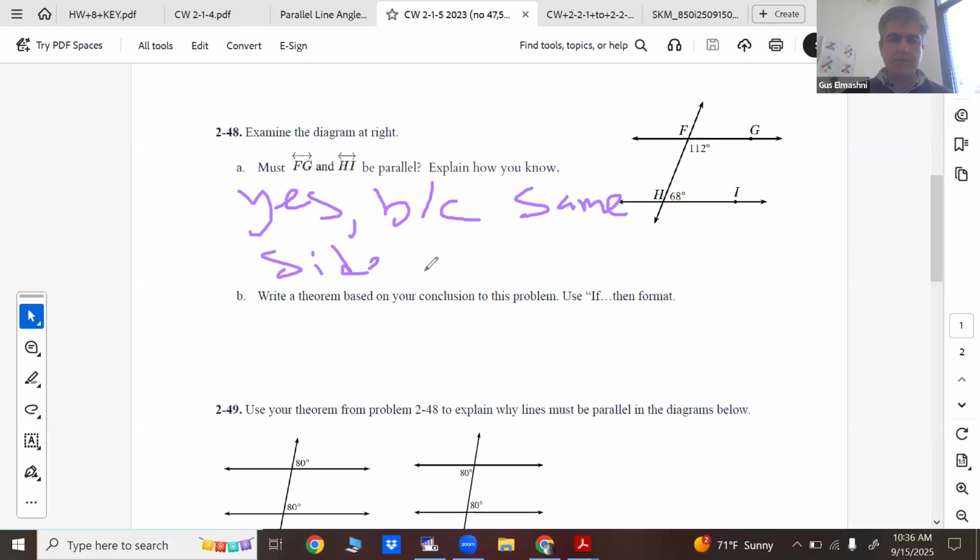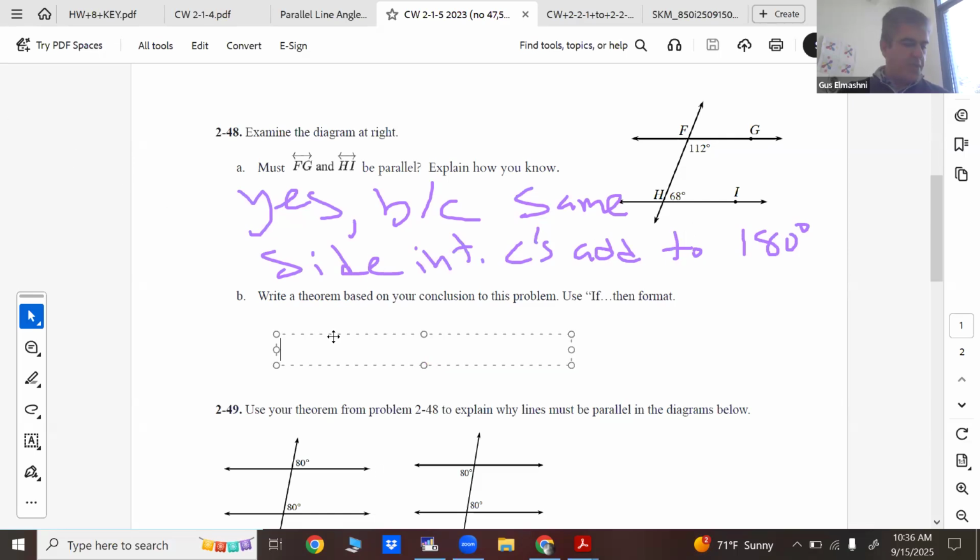Those are actually the same side interior. They're supplementary. And try to write a theorem or a statement.